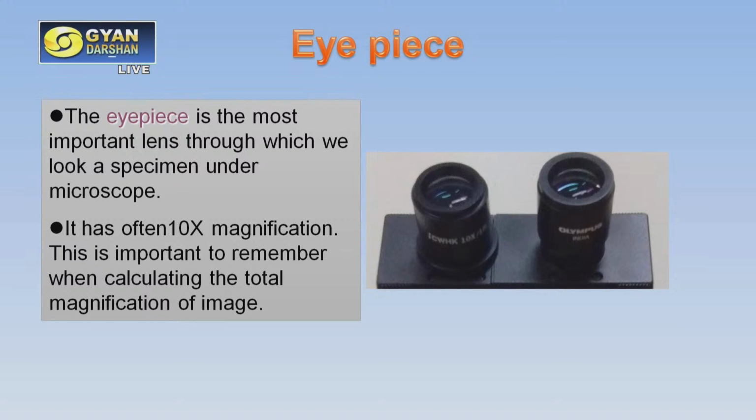What we see, the real image of the specimen, is seen through the eyepiece. It is generally 10x magnification, which is important to remember when calculating the total magnification of the image. Earlier we talked about two things, resolution and magnification, which are important parameters of the microscope.